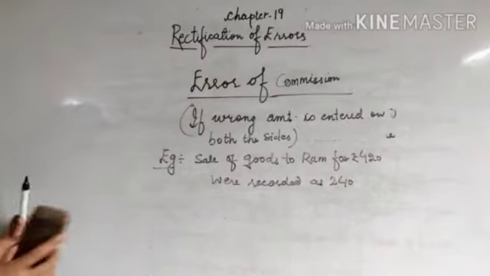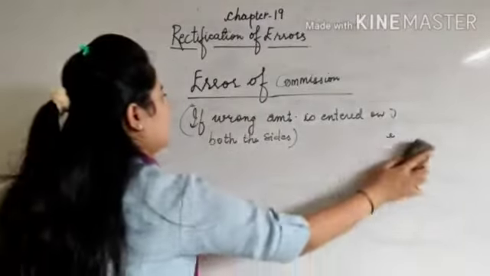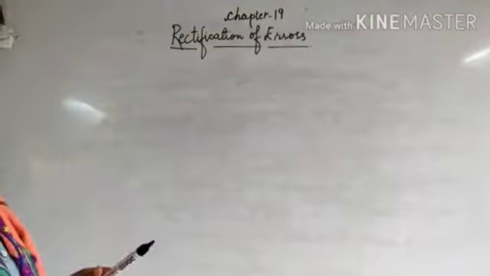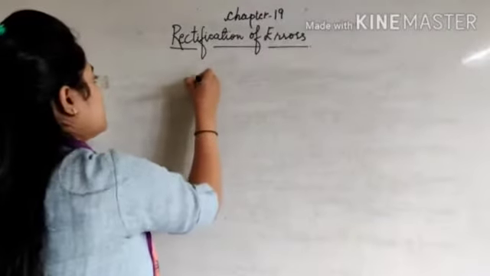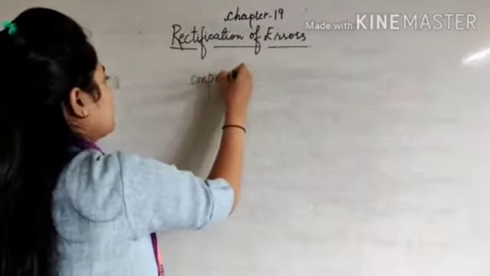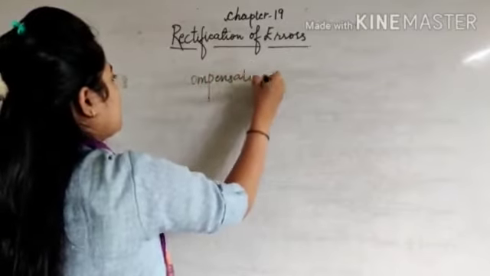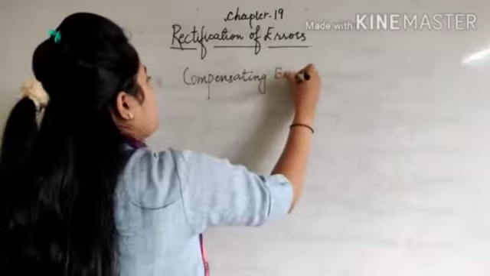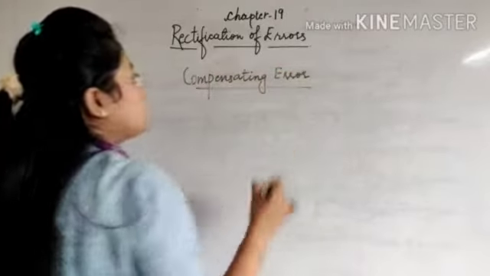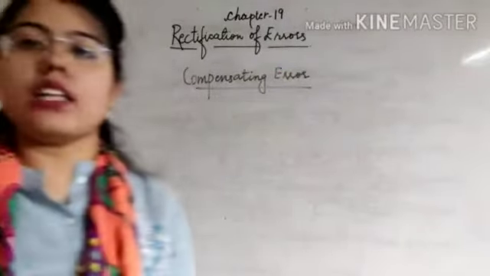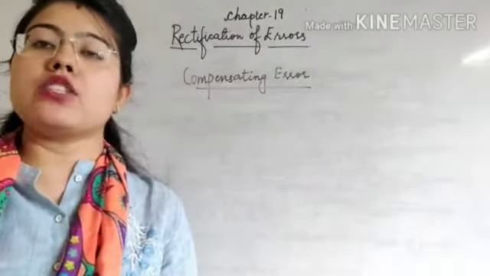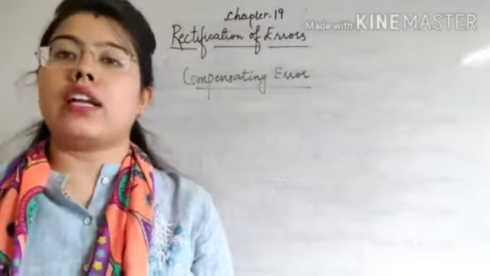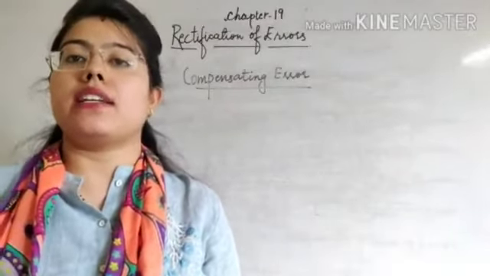Next, compensating error. Compensating error, as its name suggests, means one error will compensate another. If one debit is wrong and another credit is wrong, then the debit and credit compensate each other.